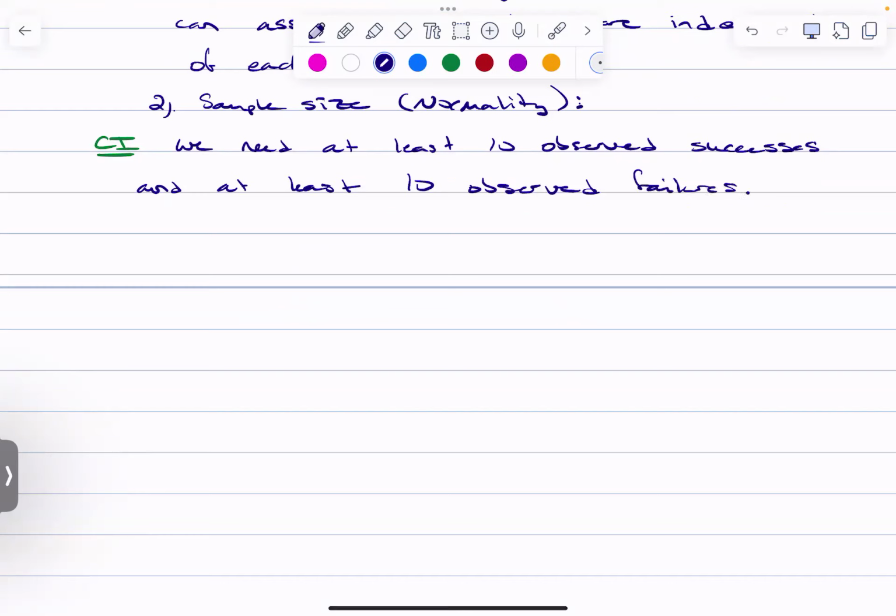Making our smallest possible sample size what? 20, right? And that's assuming a perfect 50-50 split, right?